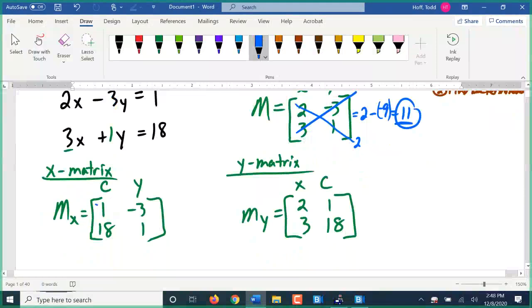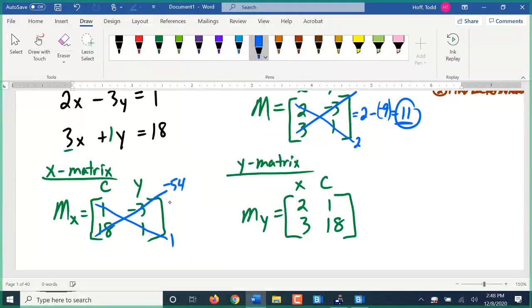For the X matrix, 1 times 1 is 1. 18 times negative 3 is a negative 54. So 1 minus a negative 54 is 55. 55 is the determinant of our X matrix.